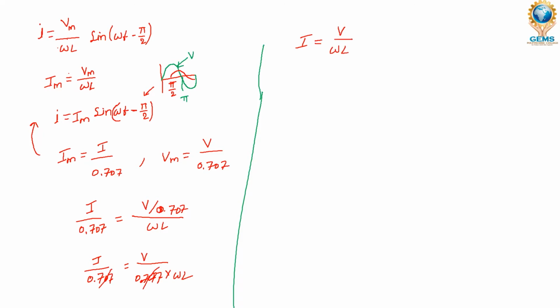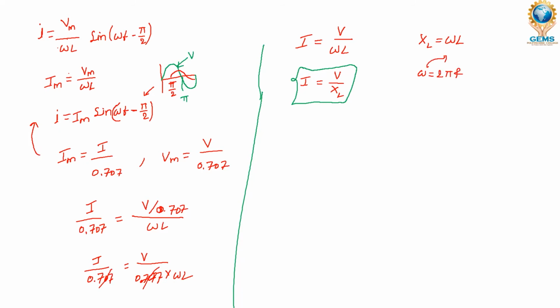This is the formula. We can write omega L as XL, we have one more formula, XL equals omega L. Here we can write I equals V by XL. Both are same. Okay. This is the value for I. We have XL, XL equals omega L, where omega equals 2 pi f.